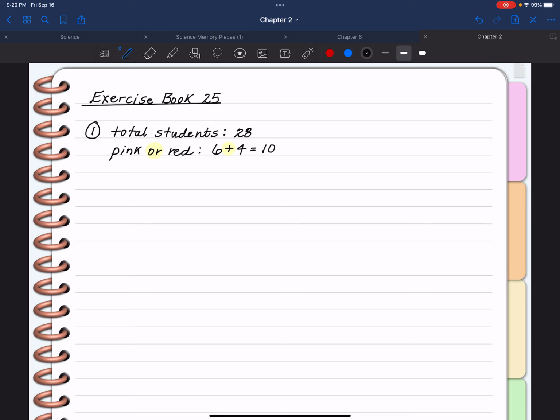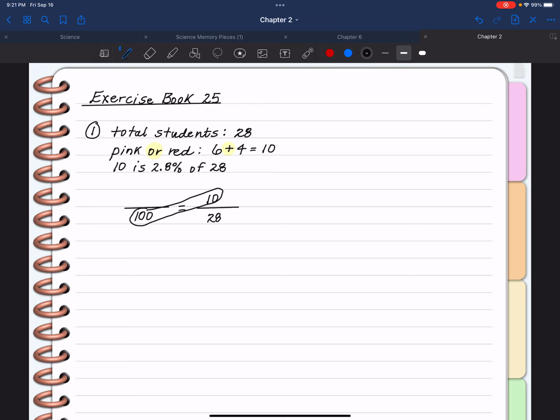So Susan is saying that 10 is 2.8% of 28. Let's see if she's correct. I will use 100 here, with 10 as the part and 28 as the whole.